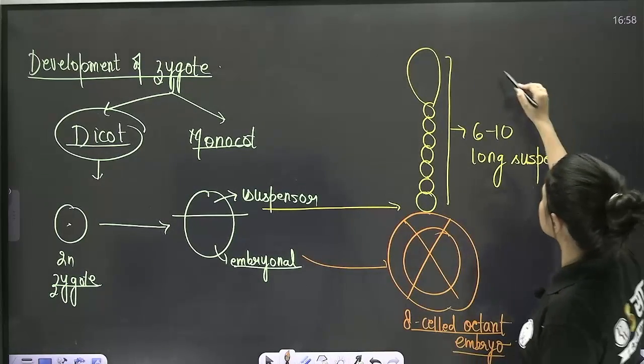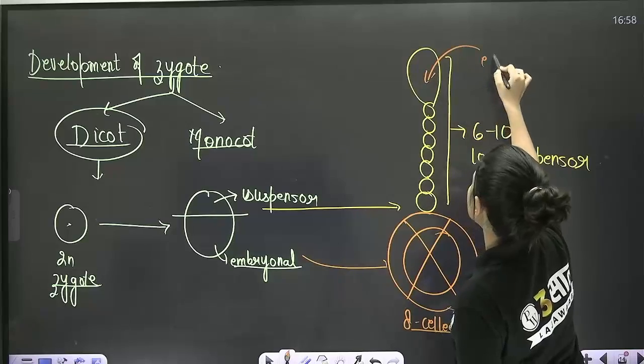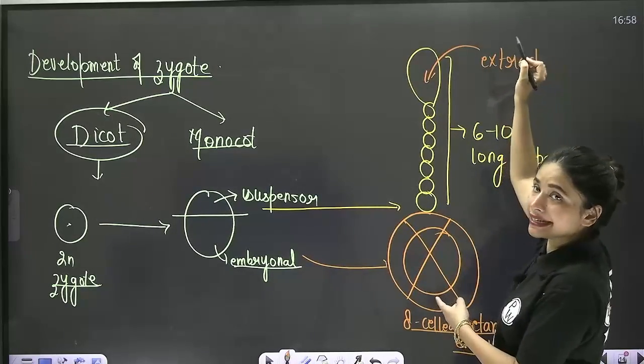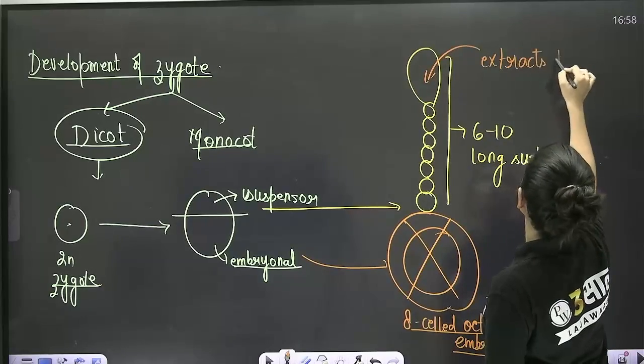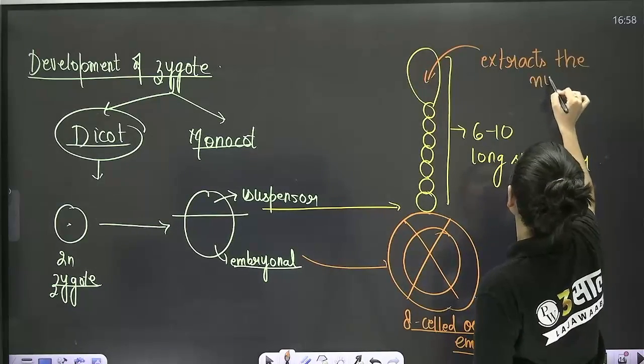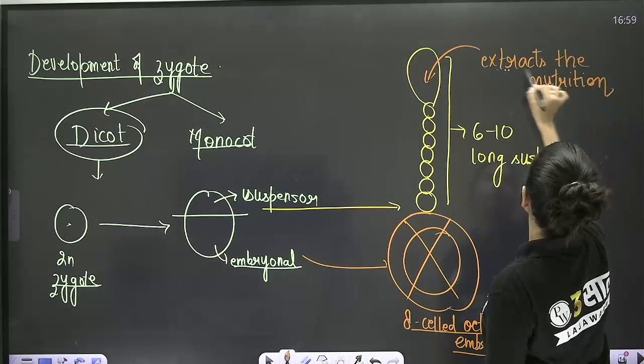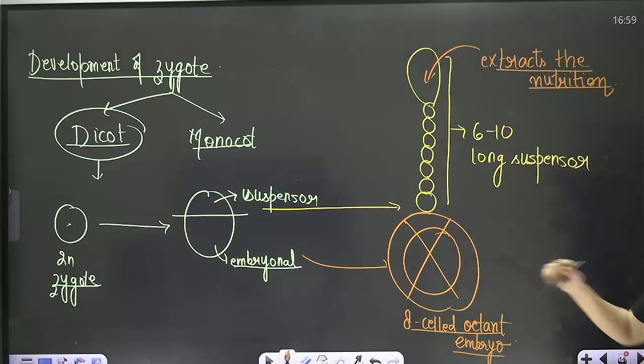This suspensor extracts the nutrition from the endosperm and gives it to the embryo so that it can further develop.